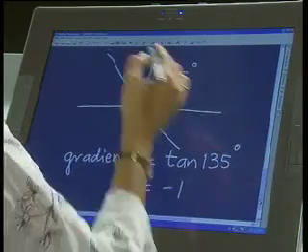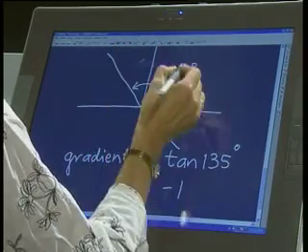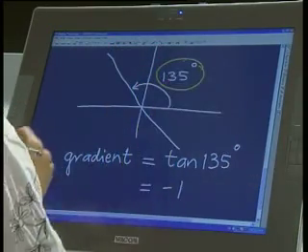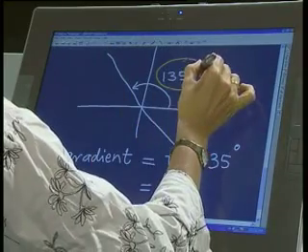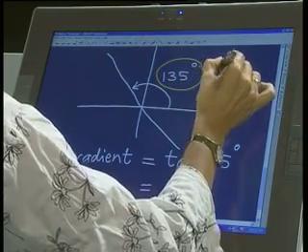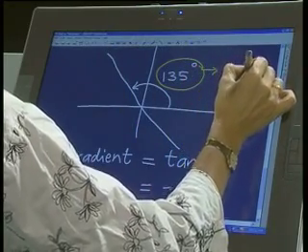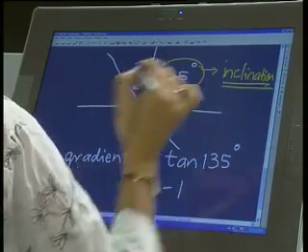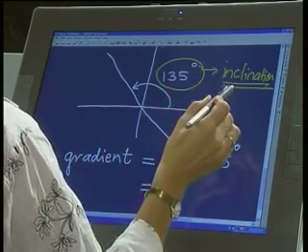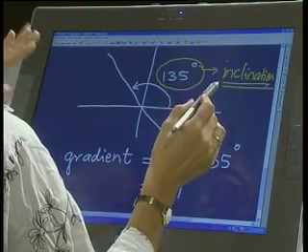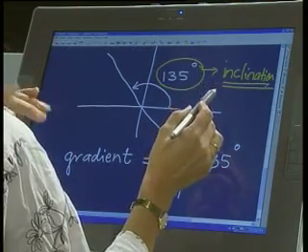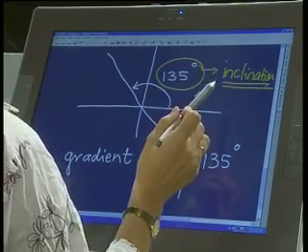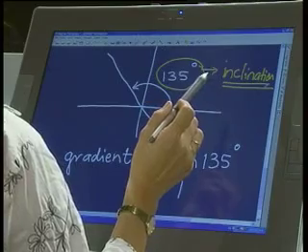This angle has a special name: the inclination. The inclination is the angle that the line makes with the positive direction of the x-axis, and is any angle between 0 and 180 degrees.